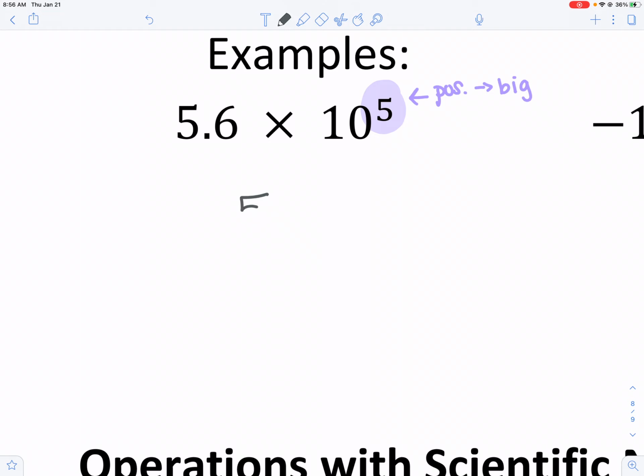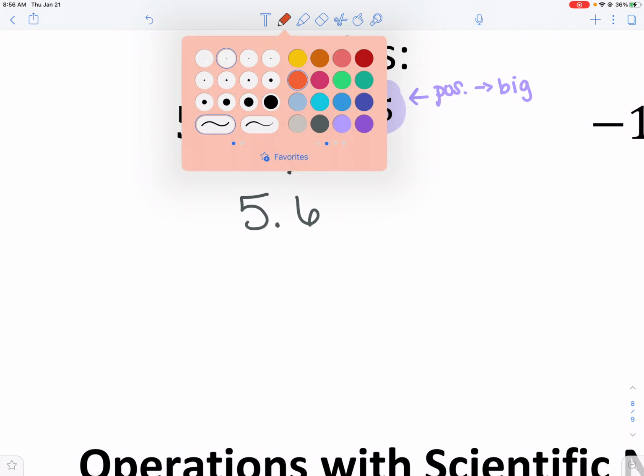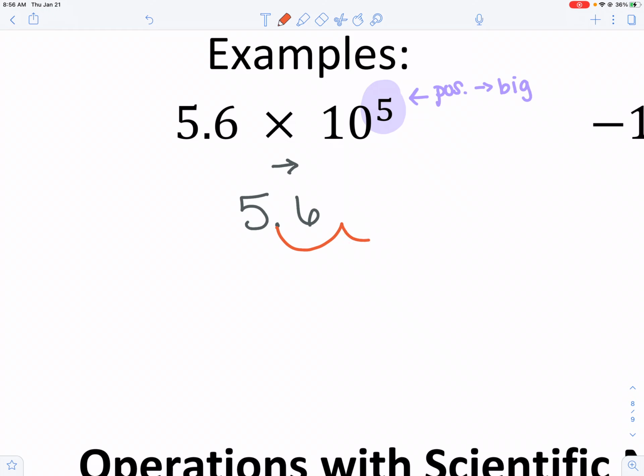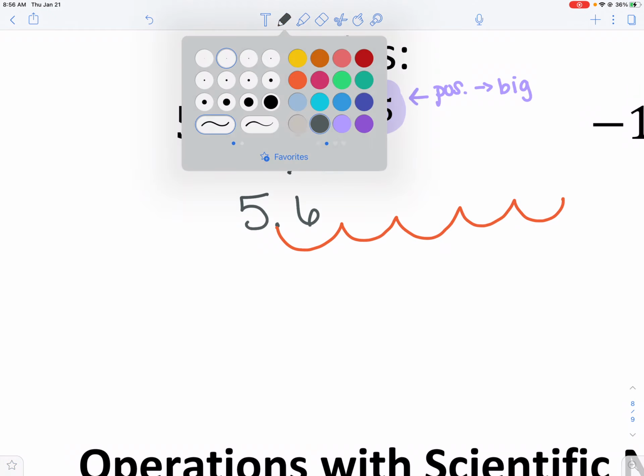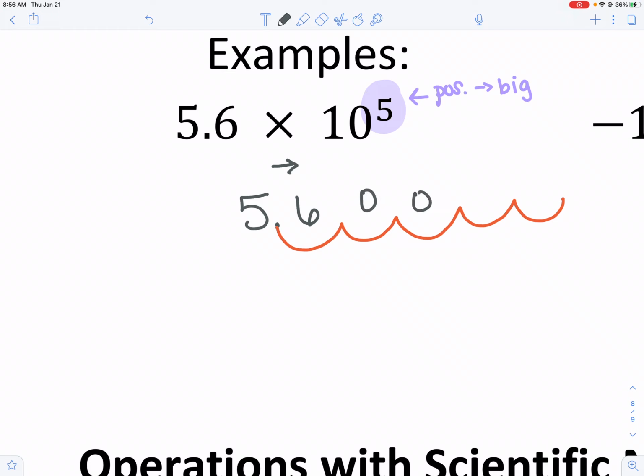Well, my number, 5.6, if I move the decimal to the right, that number is going to get larger. So I'm going to move 1, 2, 3, 4, 5, fill in with zeros, and so my final answer will be 560,000.